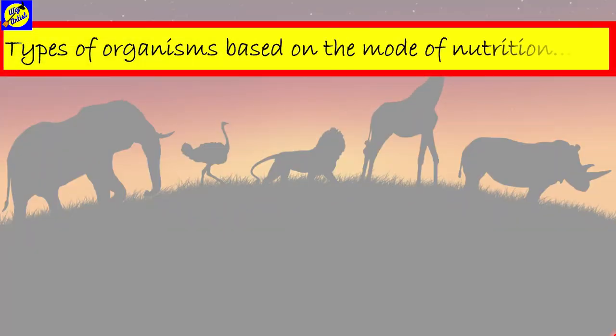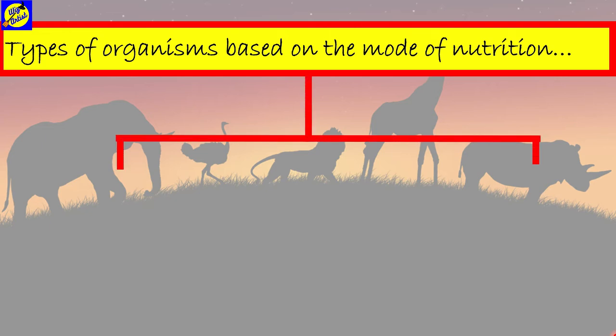Types of organisms based on the mode of nutrition. You might know that there are carnivores, omnivores, and herbivores based on what they eat. But based on the mode of nutrition, organisms are again classified into two categories.